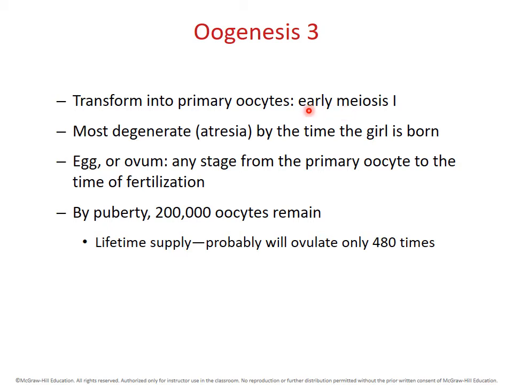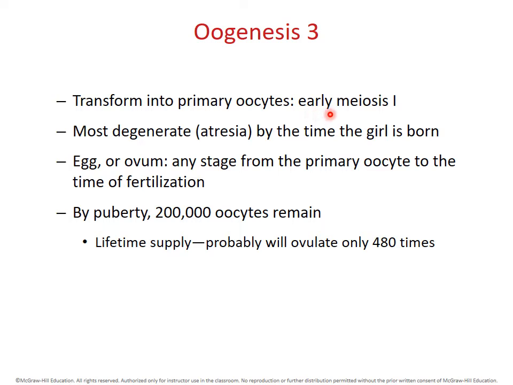And so this is it. For the rest of the female's life, there are going to be no more oogonia available to make oocytes. So the number is set, again, early in embryological development before the individual is even born. And the second thing to notice is how early this is.